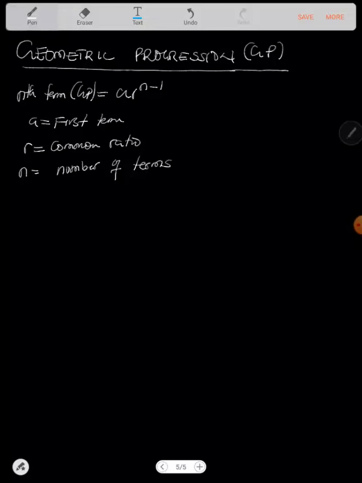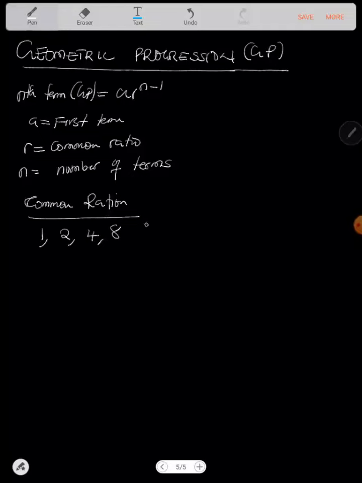Now, how do we find the common ratio? Let me start from there. It's called common ratio because it's the same. If I have 1, 2, 4, 8, okay?